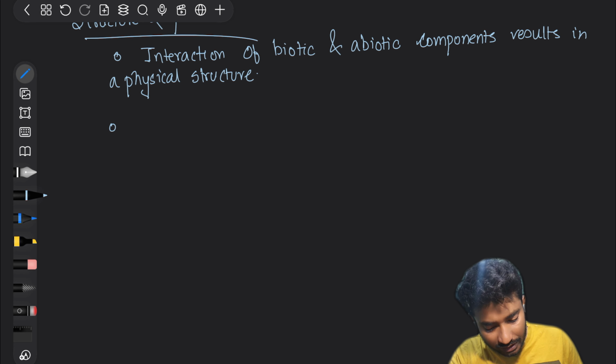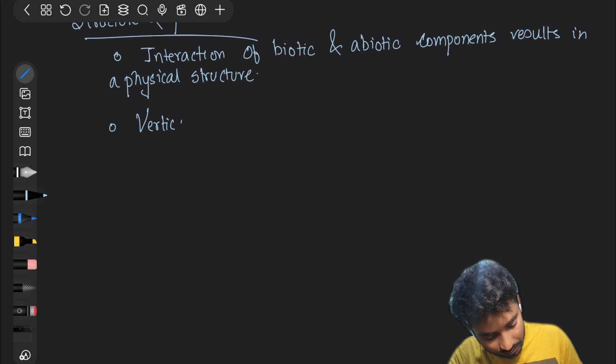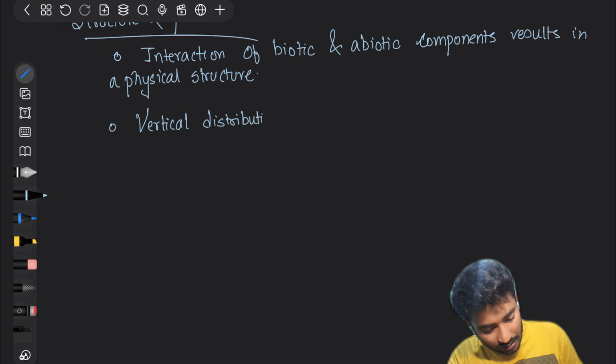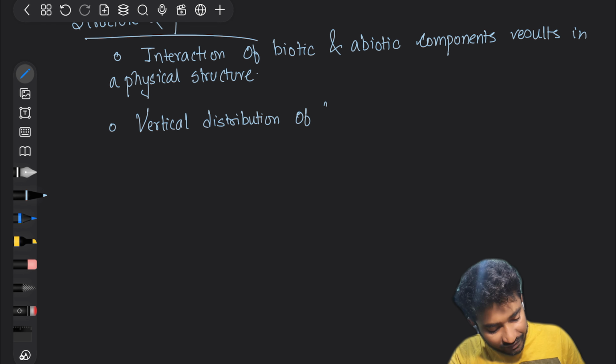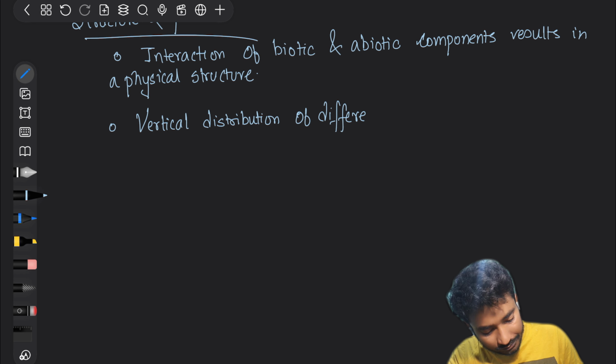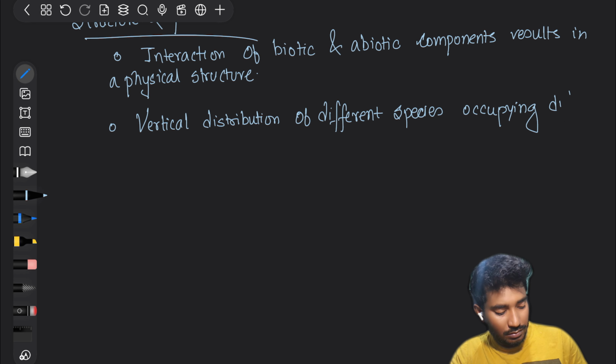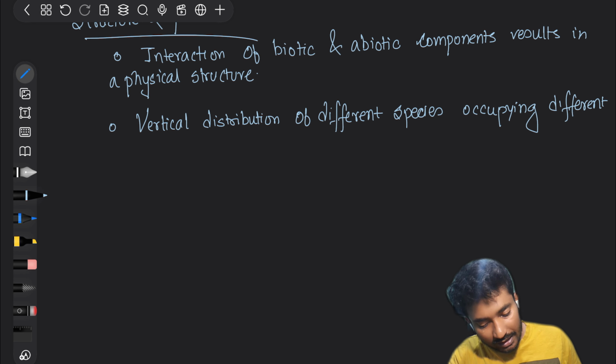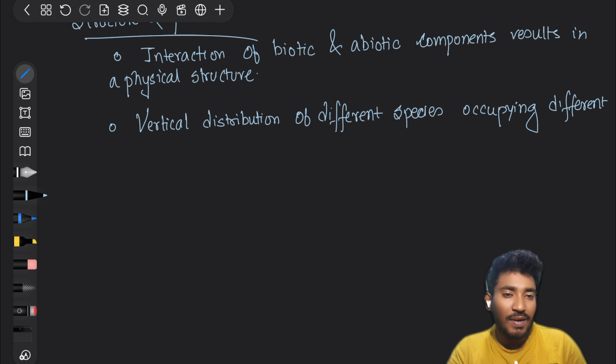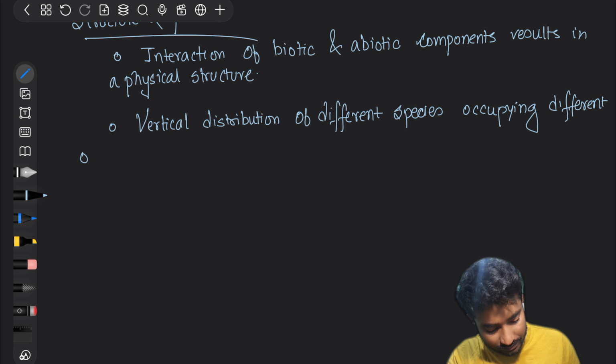The vertical distribution of different species occupying different levels is called stratification.